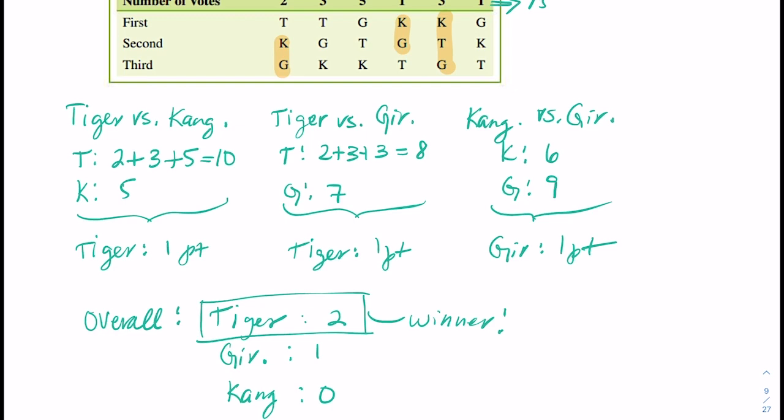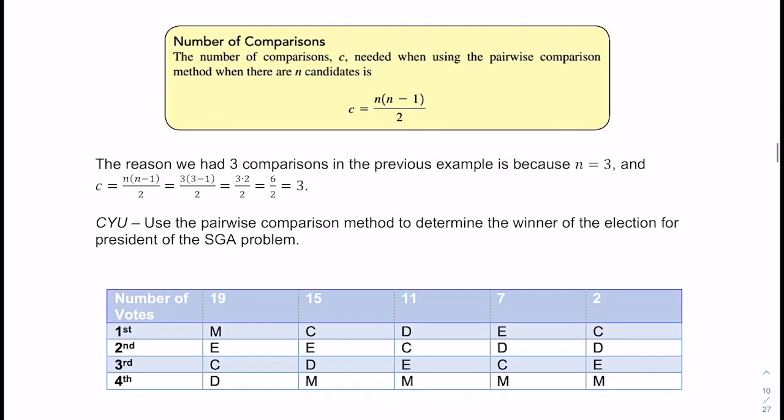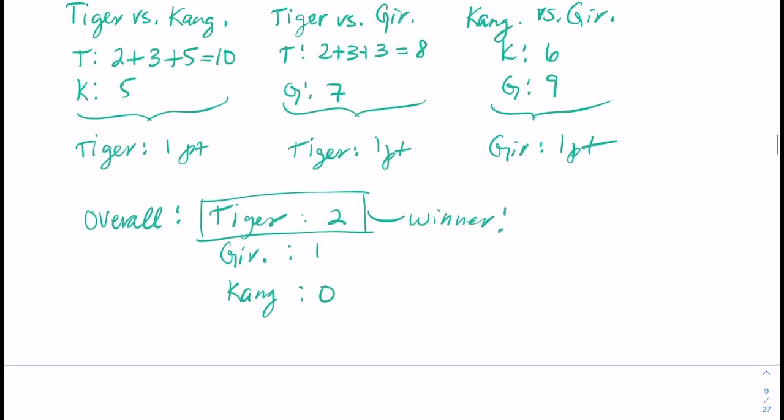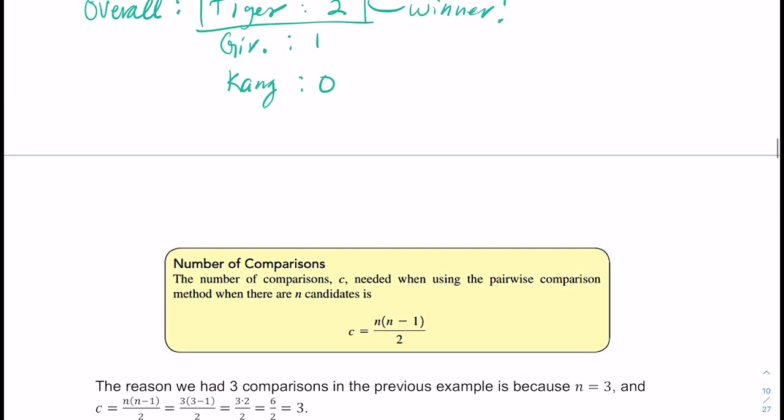Now, if you're trying to figure out how many pairwise comparisons you would need to do, there is a formula that you can use, and it's n times n minus 1 over 2. n stands for the number of candidates. The animals here are the candidates. It's basically anything in the election that you're voting for.